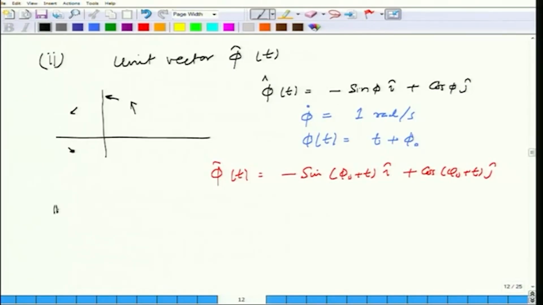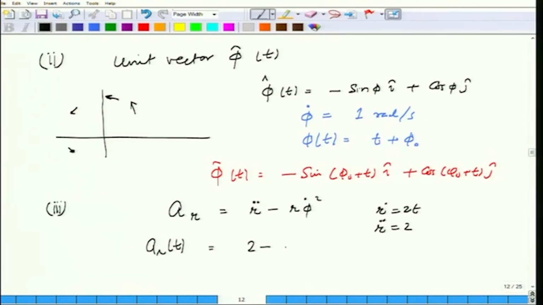Third part, I want to find the distance at which the radial acceleration is 0. Now recall that radial acceleration is given as r double dot minus r phi dot square. I am given that r dot is 2t, and therefore r double dot is 2, and I can therefore write a_r as a function of time is equal to 2 minus r, which is given as 1 plus t square, which I have already calculated, and phi dot square is 1.